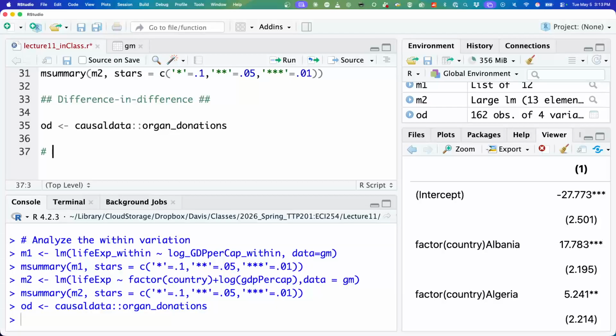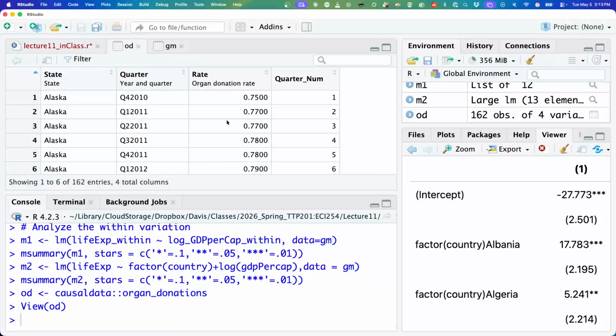And so all we want to do right now is essentially create a dummy variable to indicate that the treatment happened. So if we look at this data, it looks something like this. We have the state, the quarter, the organ donation rate, and then the quarter number.